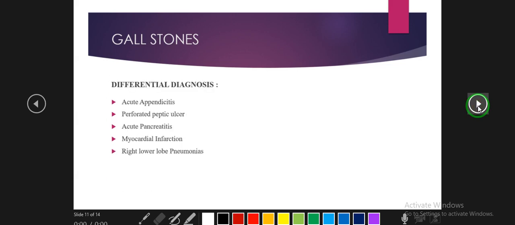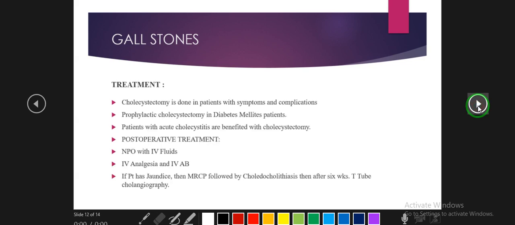Differential diagnosis: acute appendicitis, perforated peptic ulcer, acute pancreatitis, myocardial infarction, right lower lobe pneumonias. Treatment: cholecystectomy is done in patients with symptoms and complications. Prophylactic cholecystectomy in diabetes mellitus.